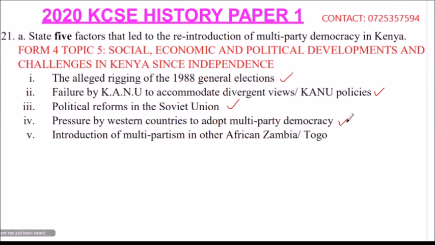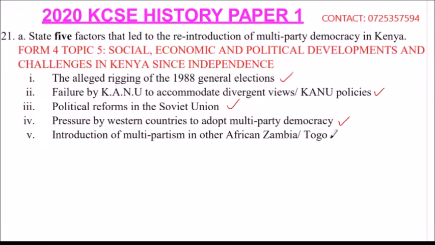So there was pressure in developed countries like America, Britain, that they pressurized the system by then, that is the KANU regime, to introduce a multi-party democracy so that people can air or give different views within their respective parties.